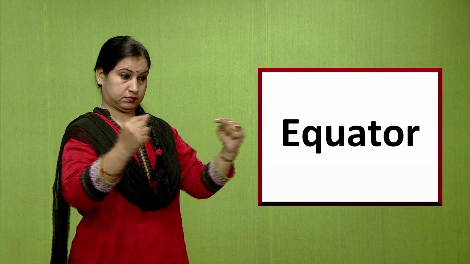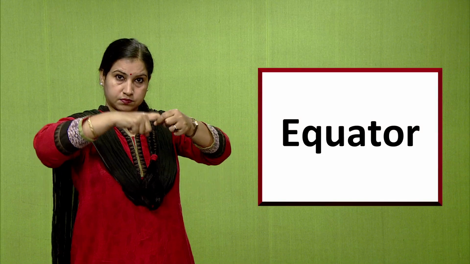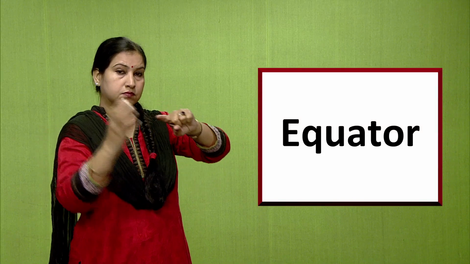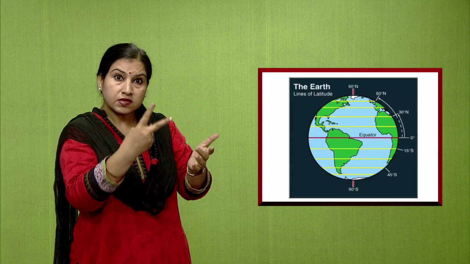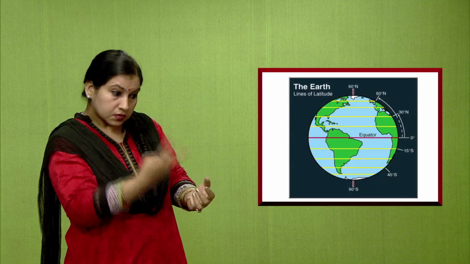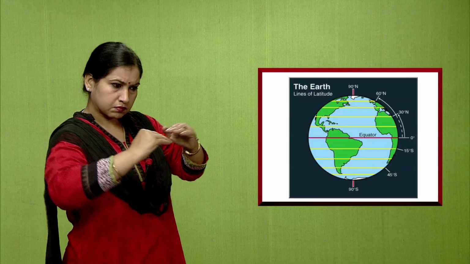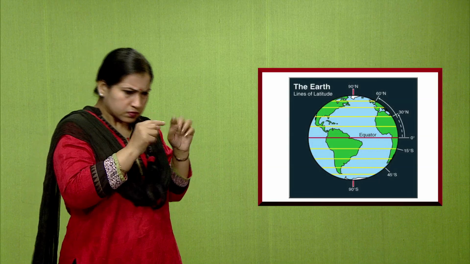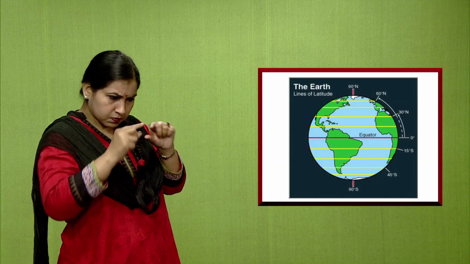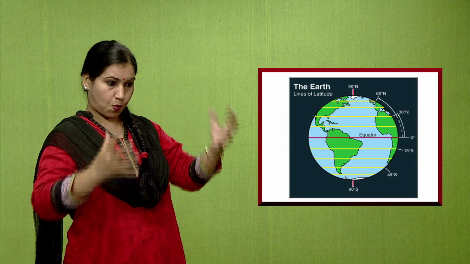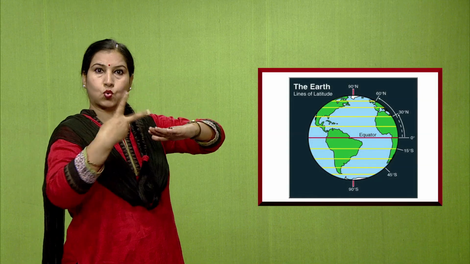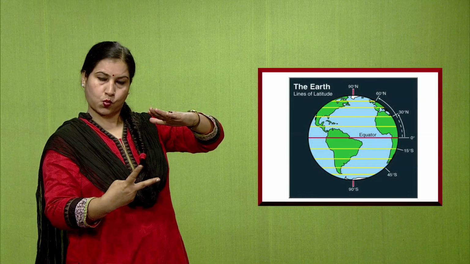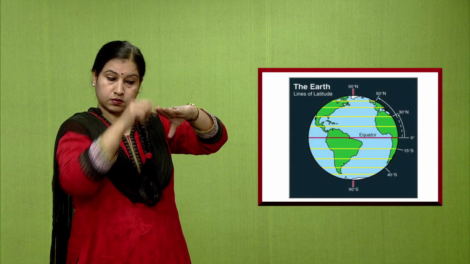One is the equator. You can see in the video that it runs east to west and divides the earth into two equal parts, northern and southern hemisphere.